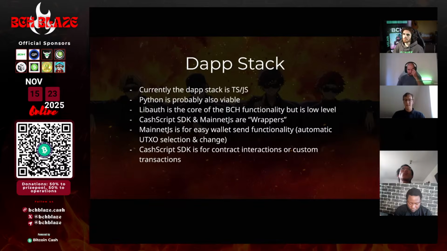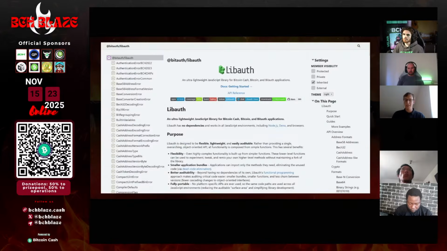Then, to continue on these different libraries, I have included some screenshots of the documentation. Here you can see a screenshot of the libauth documentation. I think libauth.org is where you can find it. As you can see on the left-hand side, the API of the things exported is already pretty low level.